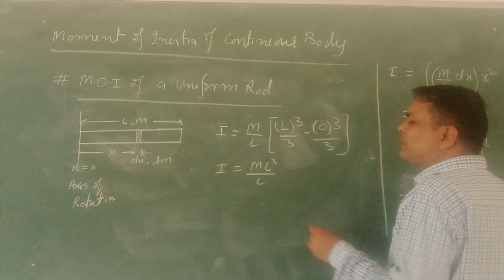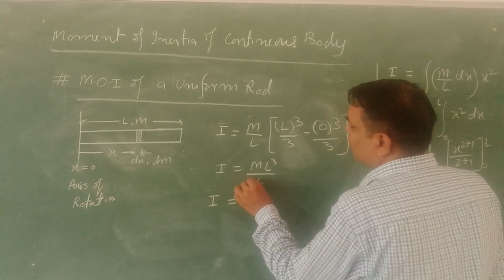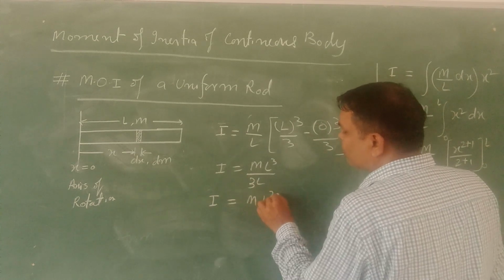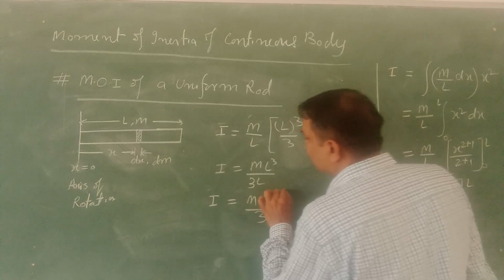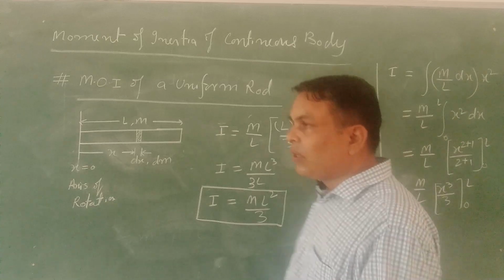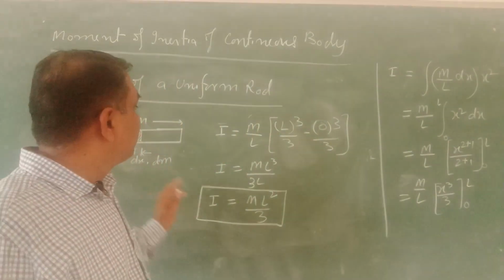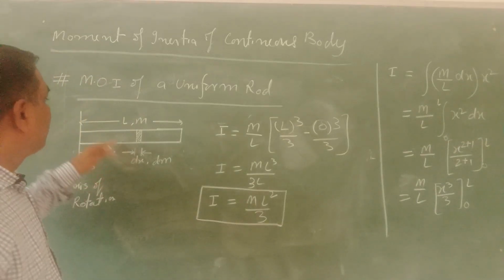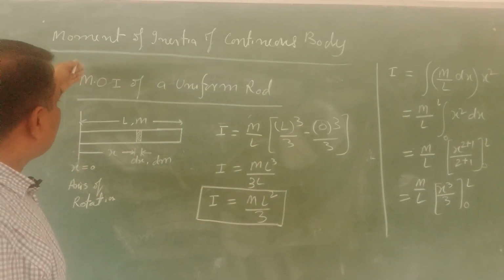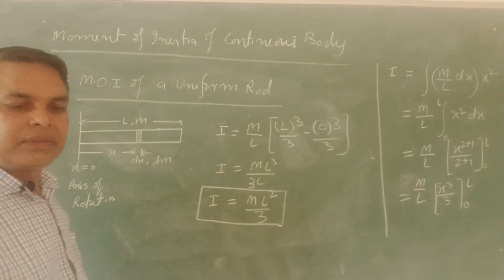One L is cancelled, and we get I equal to M L square by 3. So students, in this way we can easily find the moment of inertia of the rod when the axis is passing through one end of the rod.